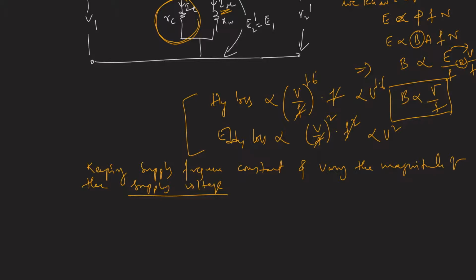Altogether, I can say that the entire core loss is proportional to V squared approximately, right? So unless the supply voltage is changed, the core losses in the machine remain constant. But if the supply voltage changes, then the core losses change by the square.